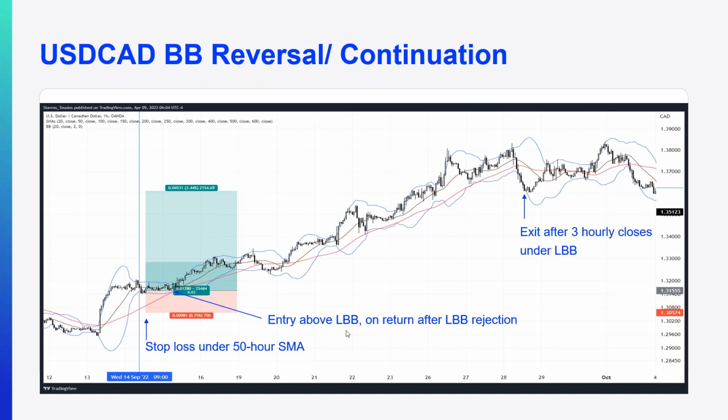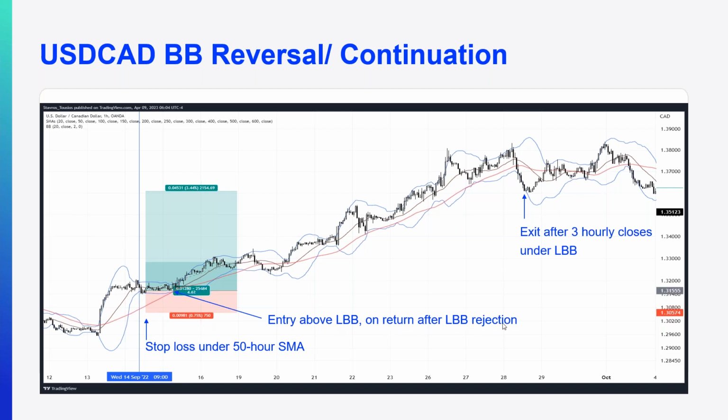So we enter when the hourly candle closes back within. And let's not forget, guys, we want to see one candle closing outside. The next candle should close inside. If the next candle does not close inside, you leave it. Okay, so we get the lower Bollinger Band on return.